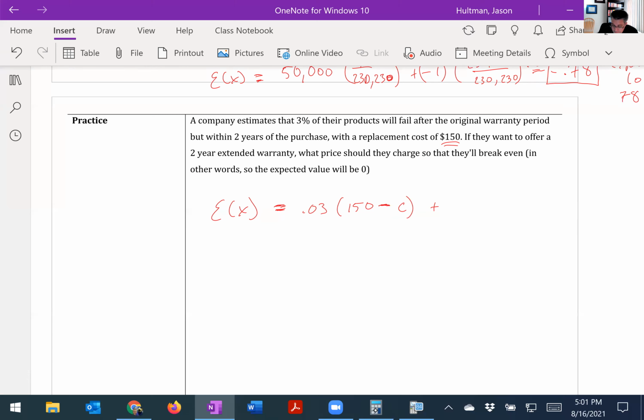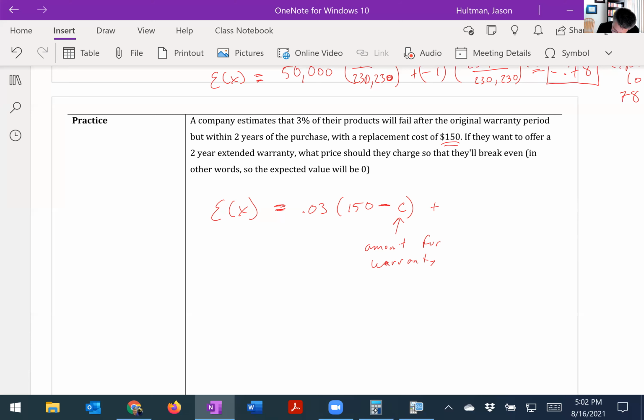It's 150 minus the amount for the insurance policy. This C is the amount for the warranty. So they're going to pay out $150 minus what they've already collected as a premium.